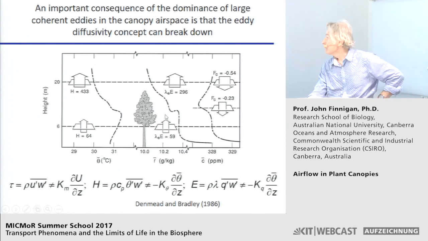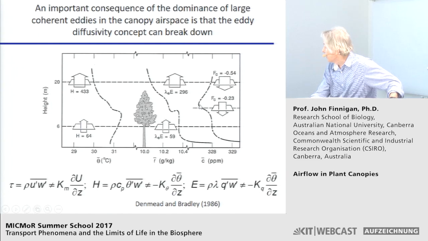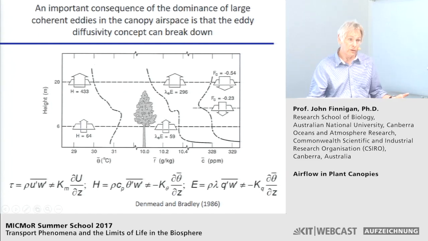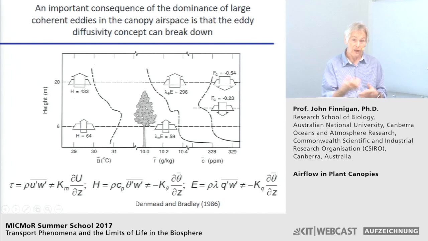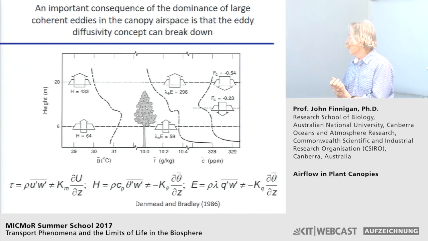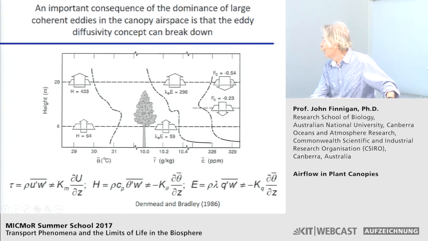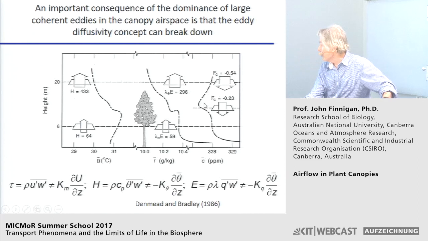of latent heat. And for CO2, the CO2 concentration is decreasing as you get into the crown space where the plants are photosynthesizing like mad and decreasing the concentration. So the flux of CO2 is going from higher to lower concentrations as it should.